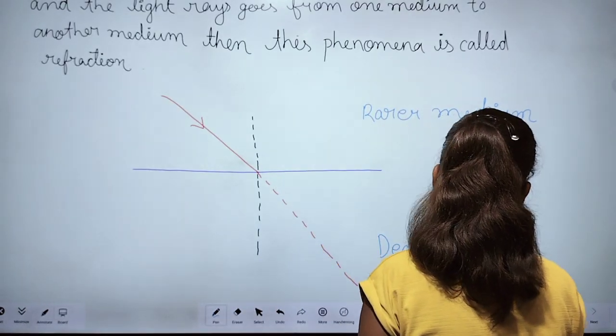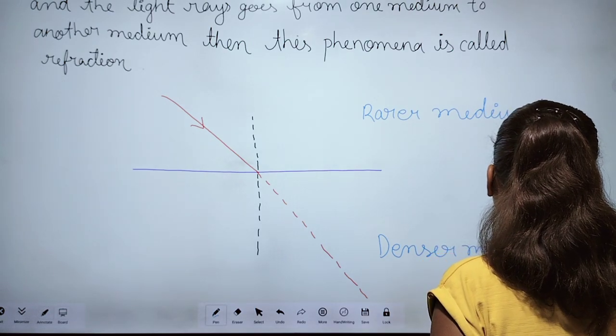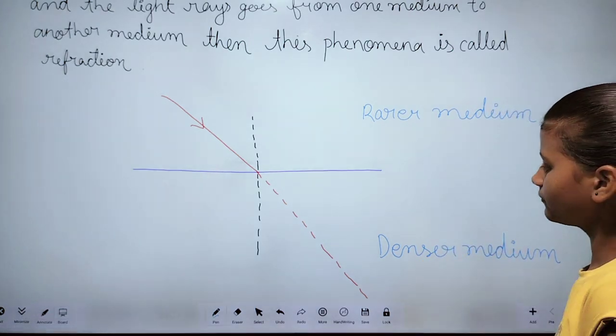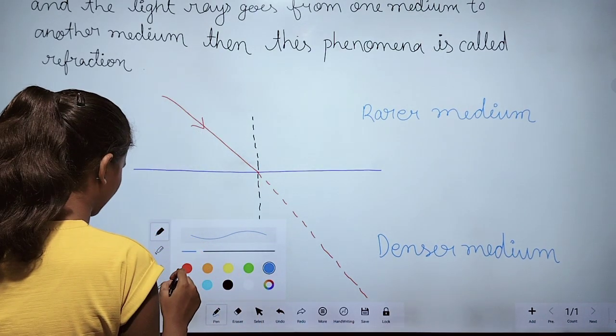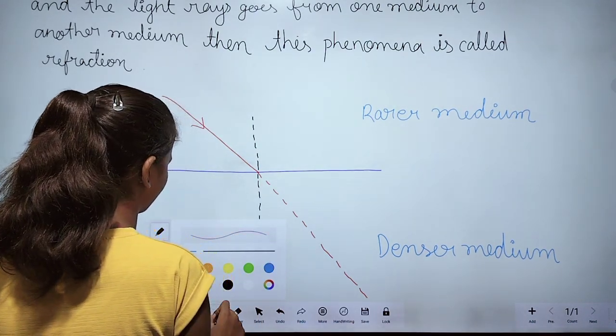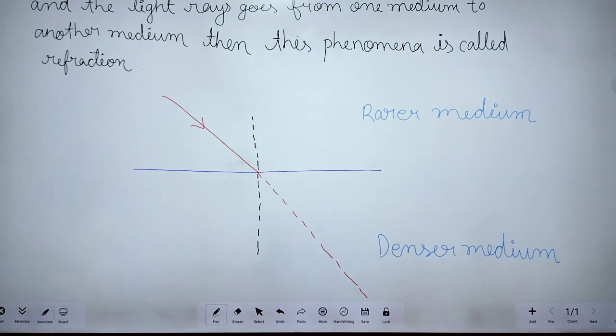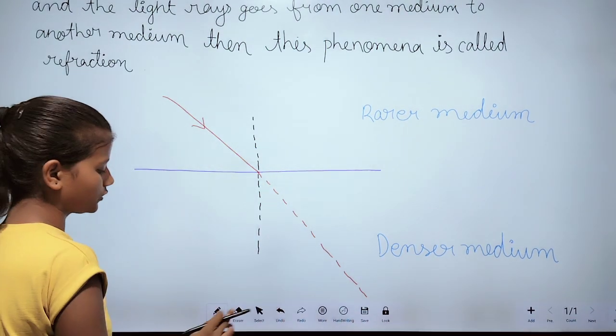If there is no surface, then the light goes in this direction.